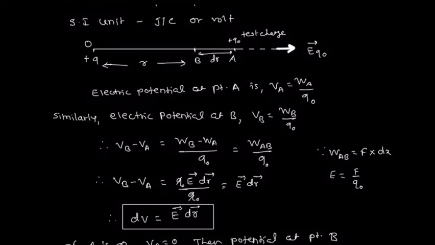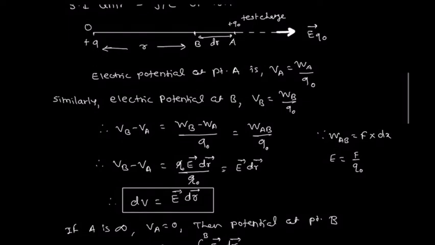The remaining term is VB. Hence, VB is equal to the integration from infinity to point B of E dot dr. That equation we also take into consideration for solving the next terms.